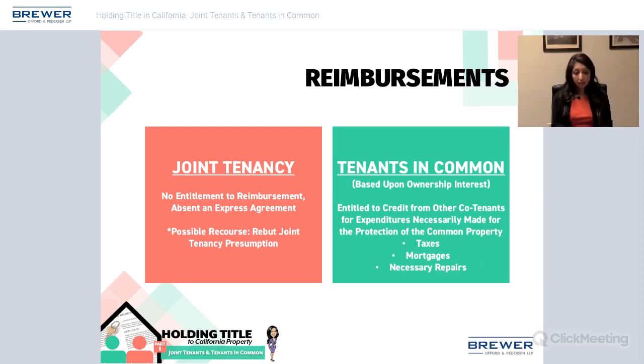Now there's a difference in tenants in common. You are entitled to a credit from the other tenants based on your and their ownership interest. So if it's 50-50 ownership, and you paid $100 in property taxes, then the other person needs to reimburse you $50.